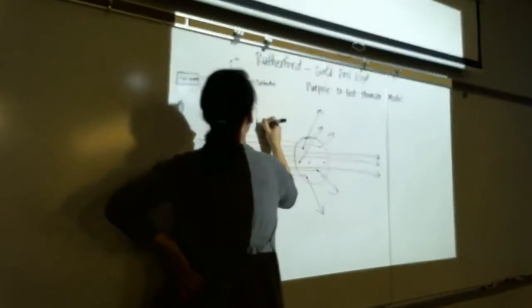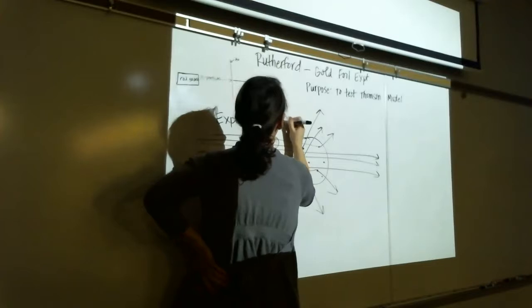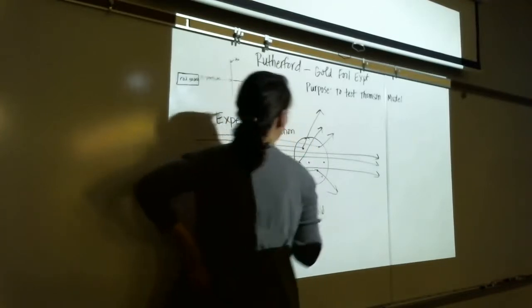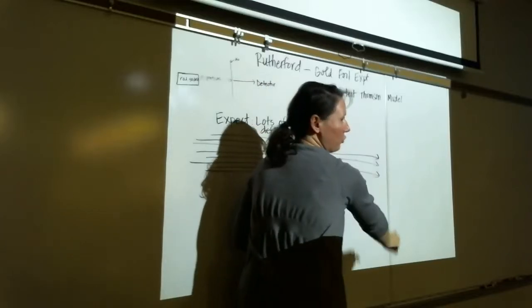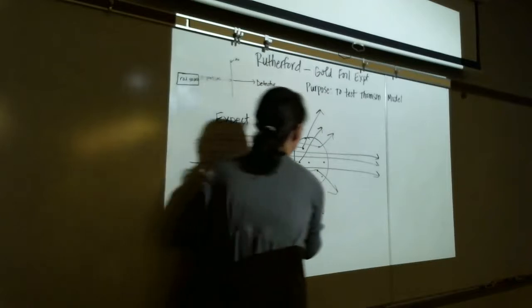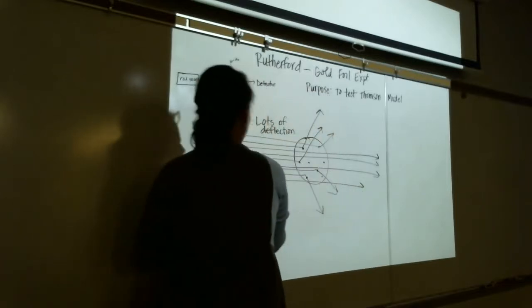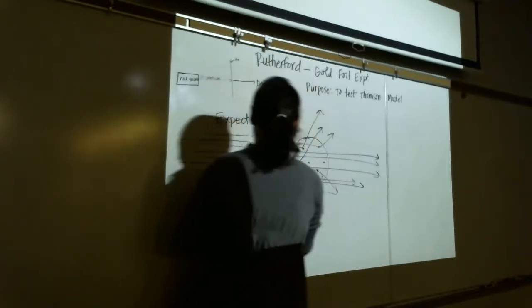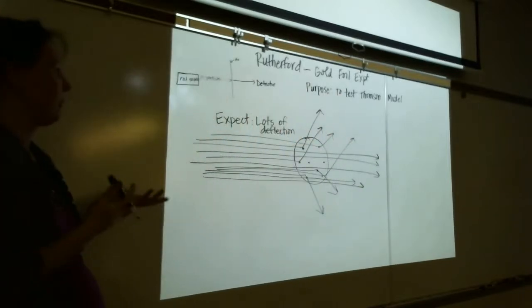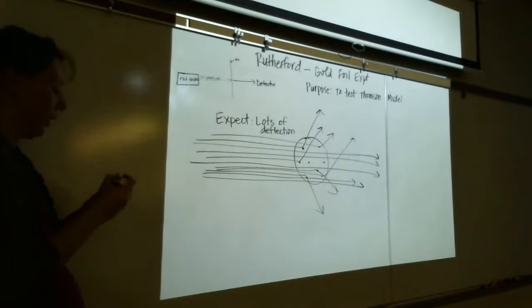You would expect lots of deflection, because the detector's over here, it's measuring where these things are going. So you'd expect some to go through, and you'd expect others to deflect off in random directions. Yes? Does this make sense based on what Thomson's model was?